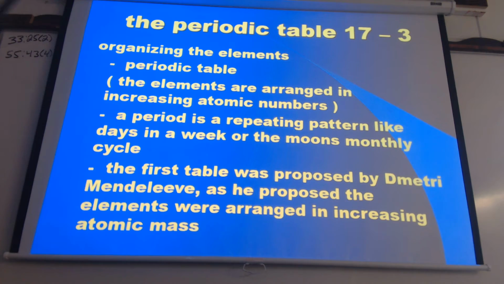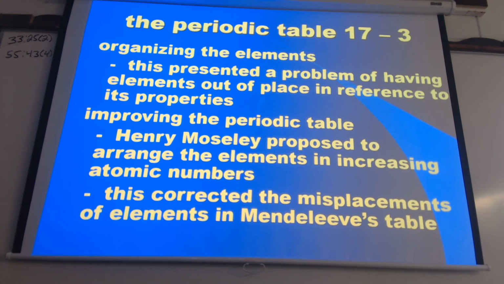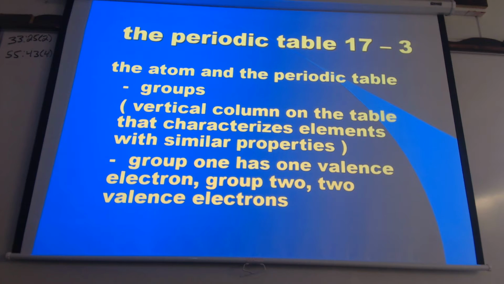There's 7 periods. That's the repeating pattern we're talking about. Okay. So, keep that idea in mind of vertical columns, the numbers 1 through 8.